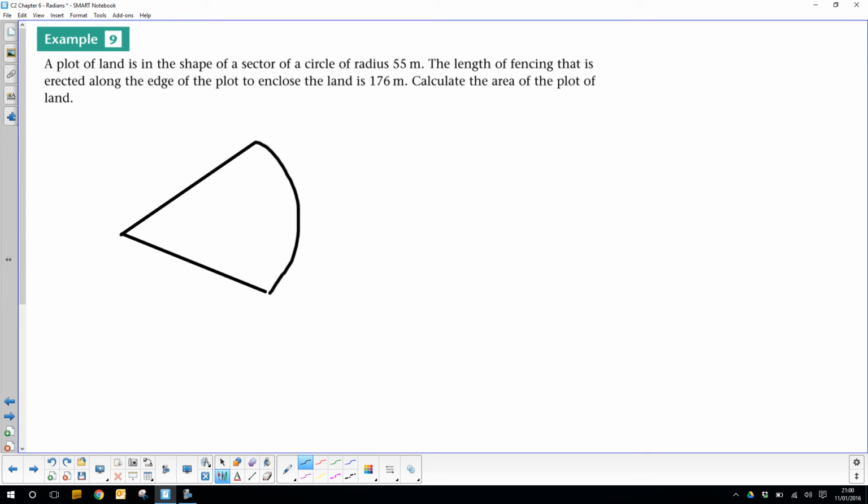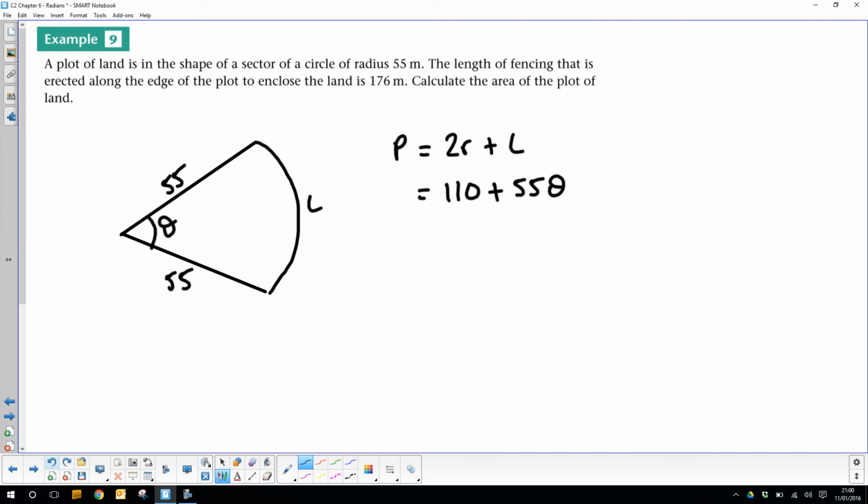Now, what have we got? The radius is 55, so that's 55, as is this one in length. What we will do is mark in that this is theta, the angle in the middle, and this we will call L. So the perimeter equals 2 times the radius plus L. So that is 110 plus 55 theta.